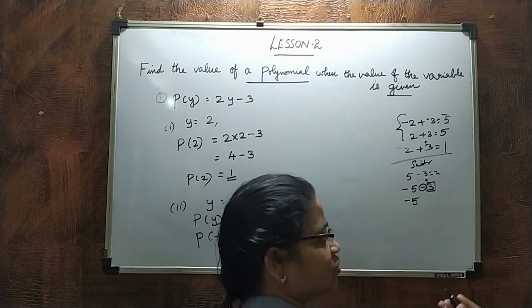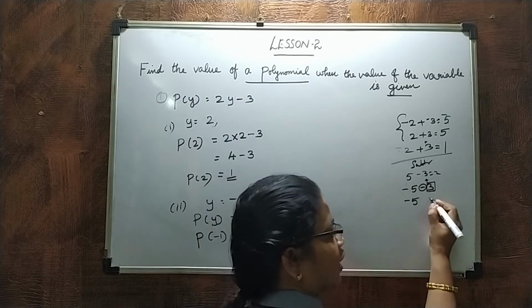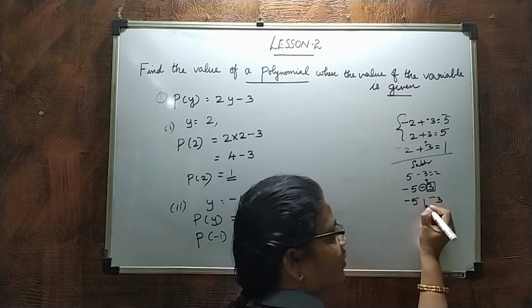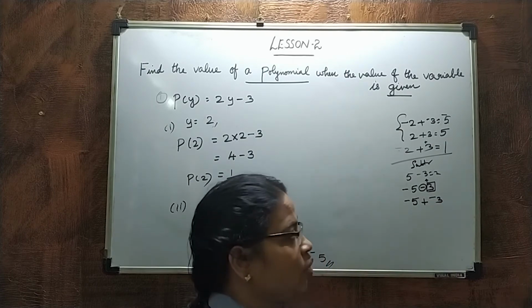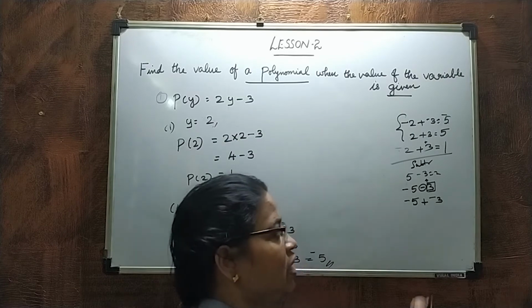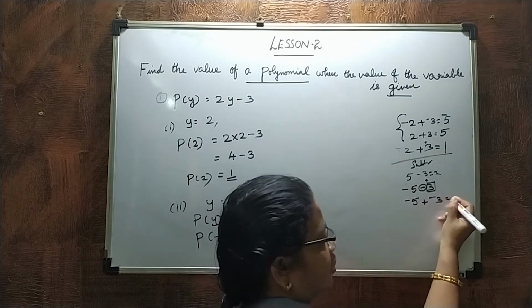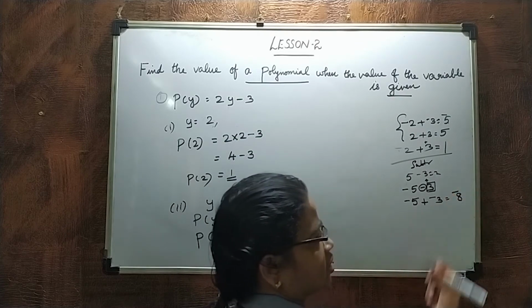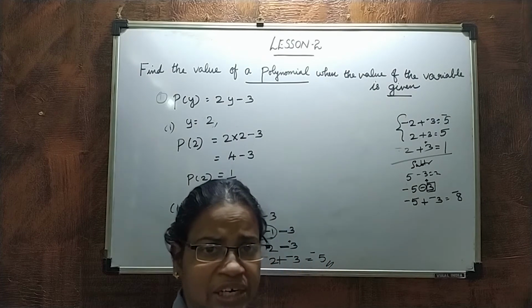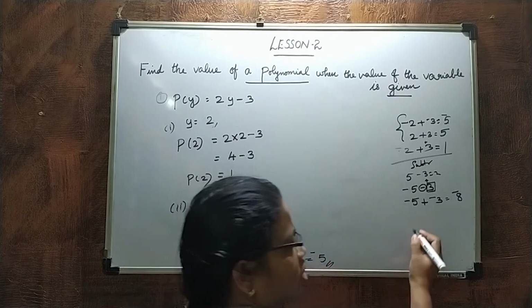Take the opposite, additive inverse means opposite. So negative 3, and add. Now the rule for addition of the same sign comes: add and put the same sign. Clear? Then these are things you have to remember.